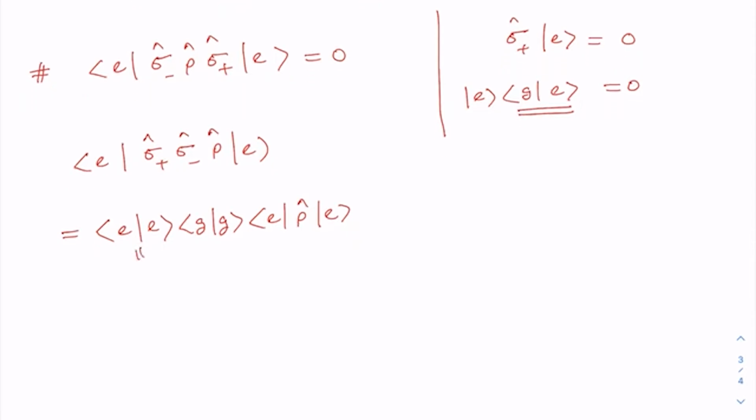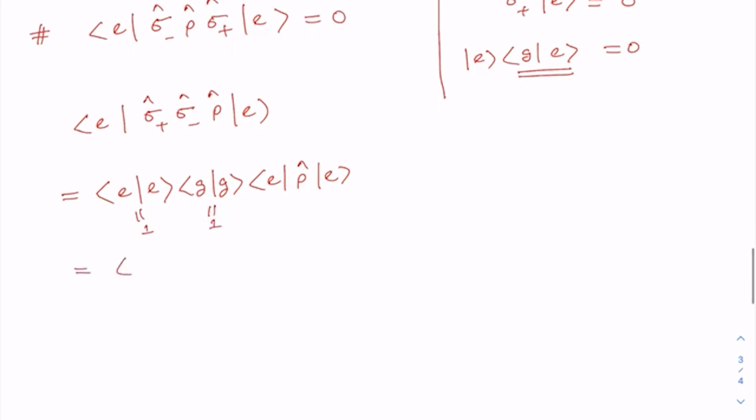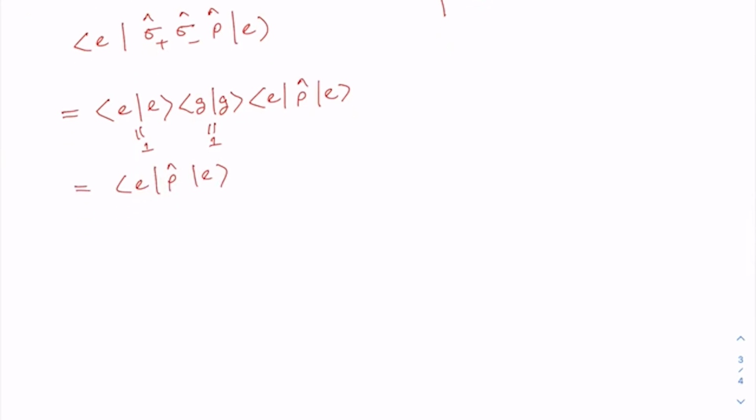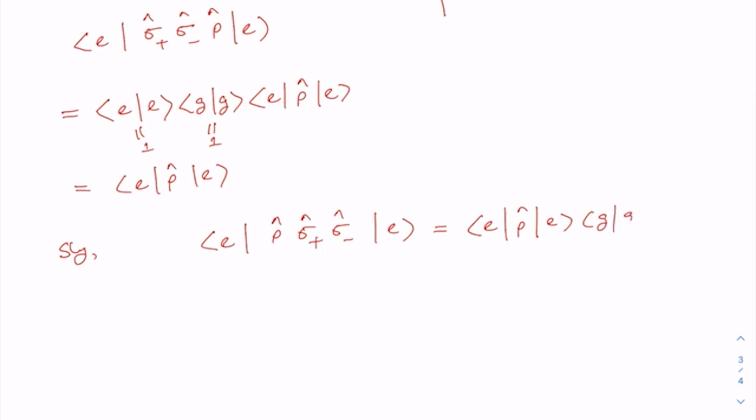As you can see, this is a scalar product, it is equal to 1, this is normalized, this is also 1, so you will be left with simply <e|rho|e>. Again, similarly, you can show that <e|rho sigma plus sigma minus|e>, if I do it explicitly, is also equal to <e|rho|e>.